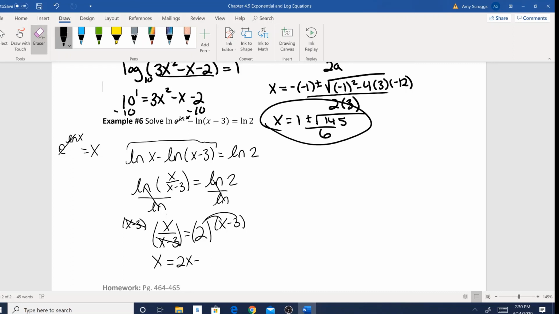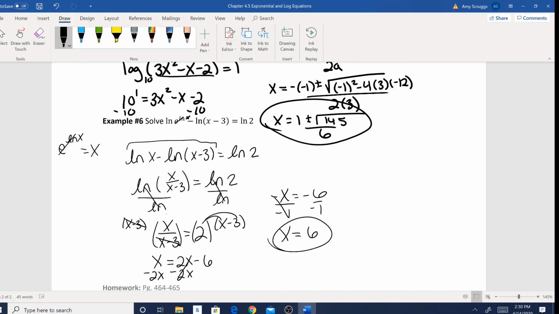This is supposed to be 6 instead of 3. From here, if you subtract 2x from both sides, you'll get negative x is equal to negative 6. And then last but not least, divide by negative 1. And that will give you x is equal to positive 6.